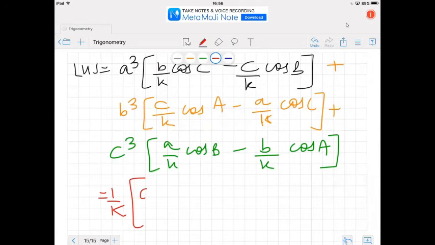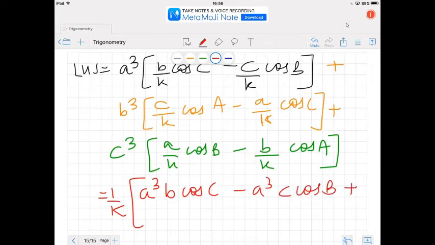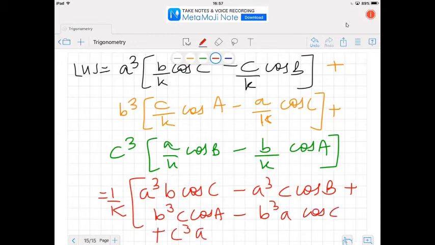So first term is a cube into b multiplied by cos c minus a cube c cos b plus b cube c cos a minus b cube a cos c plus c cube a cos b minus c cube b cos a.